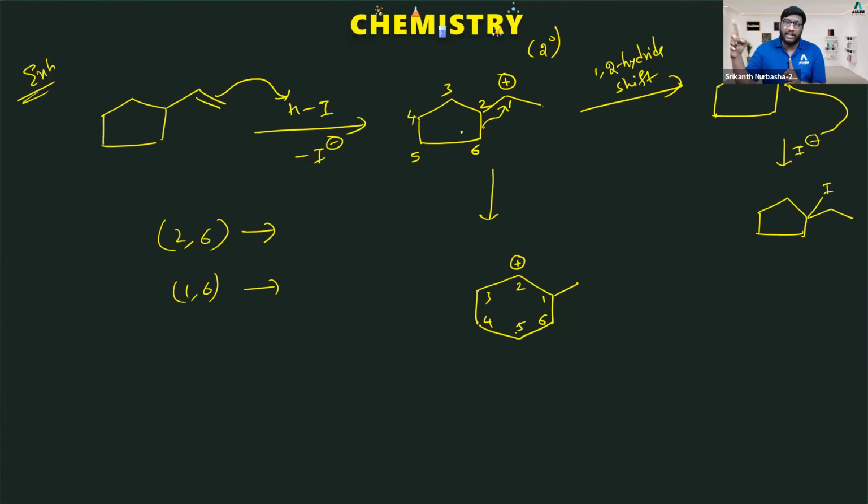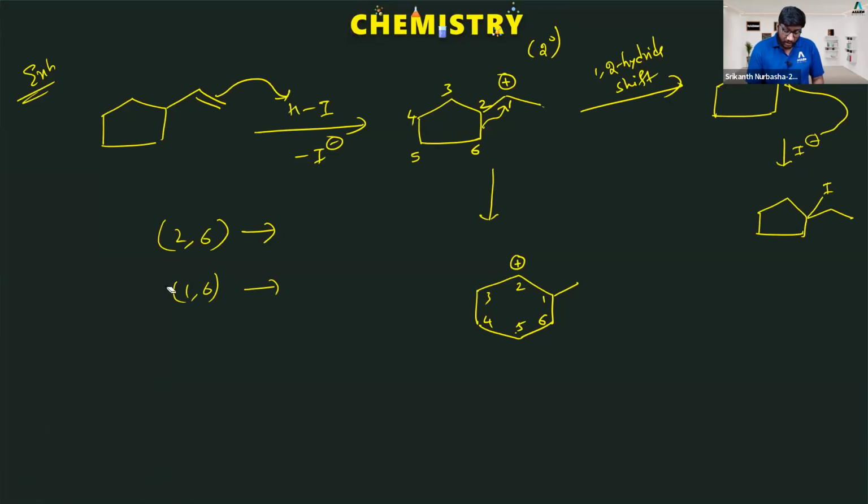Is the first carbon gaining the net chocolate or not? Earlier, if the sixth person gets half, the second person gets half. Now the same chocolate is shared between first and sixth. The sixth person will get half again, the first person will get half now. What about the second person? The second person lost. Understood now or not? Now, instead of chocolate, think of electron density.